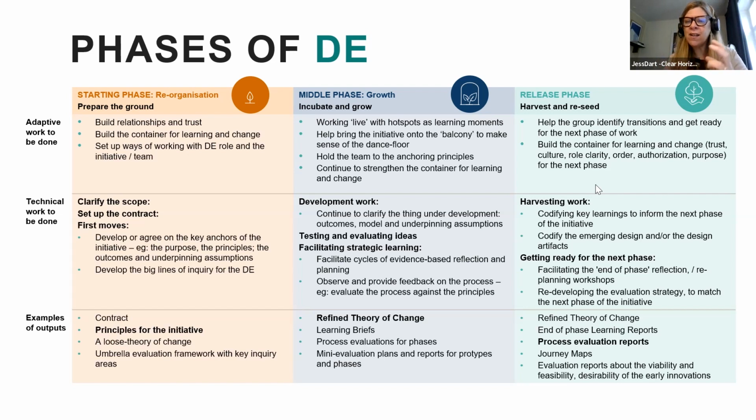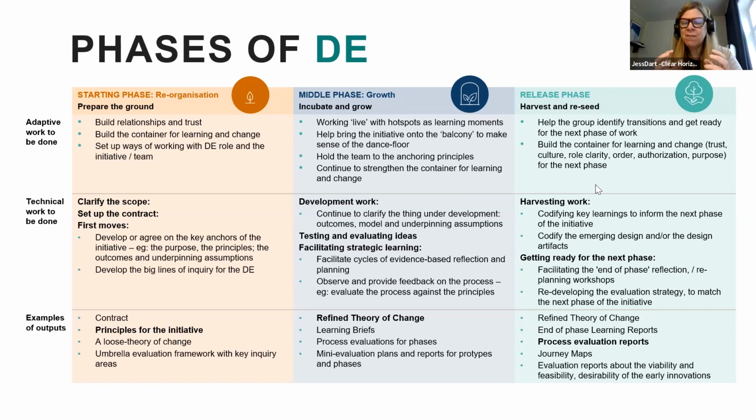And also in this early phase, it can be really good to have some what I call anchors. Like a boat has an anchor, anchors to keep you steady in the waters when the wind gets high. And these anchors that I like to use, and I'll share an example of this later, is a set of principles. So we develop a set of principles, usually co-designed, and a small number. 4 is ideal.